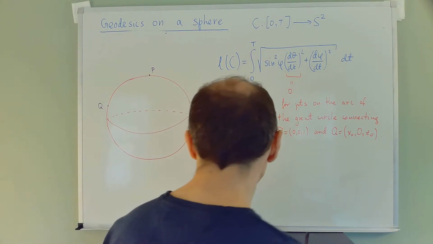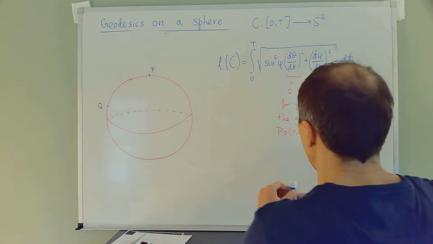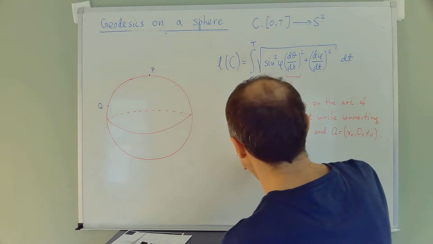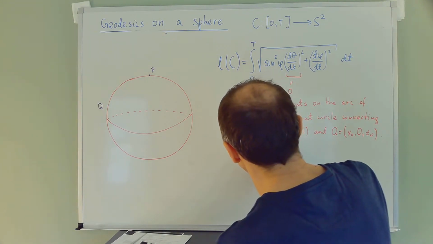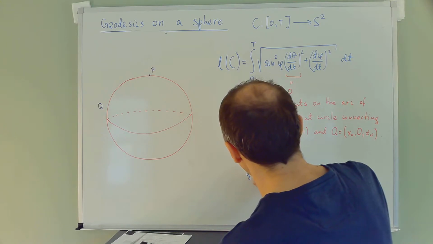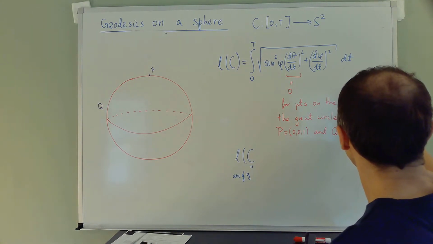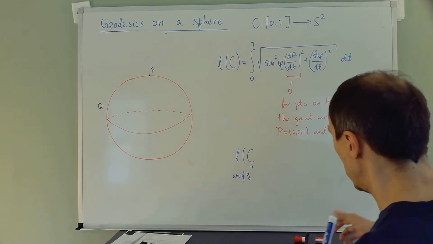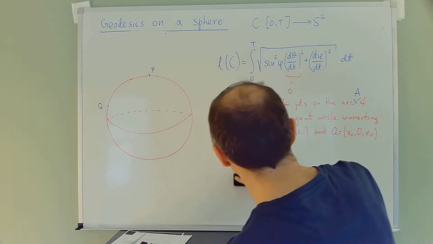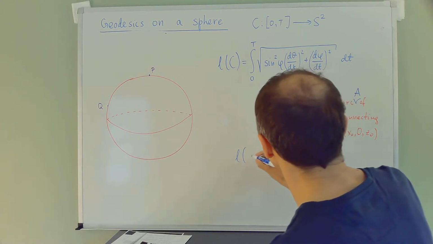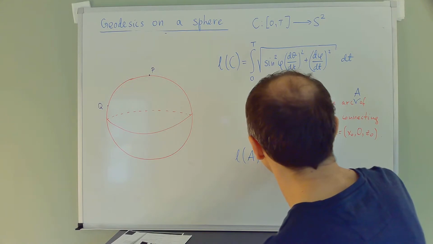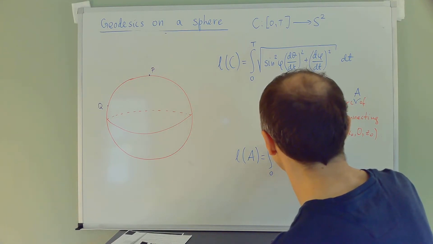So in that case, this integral, so L of c, where now c is the arc, let's actually call this the arc A. Okay, so in this case the length of A is just equal to this.